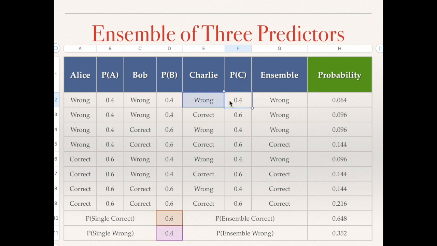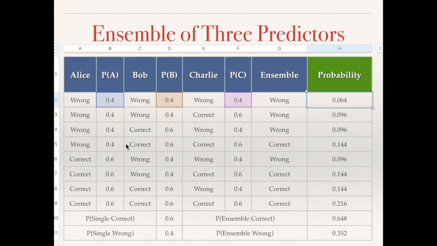That means all 3 of them are wrong. And of course, in this case, the ensemble will arrive at a wrong conclusion, but the probability of this will be 0.4 times 0.4 times 0.4, which is about 6%, quite small.